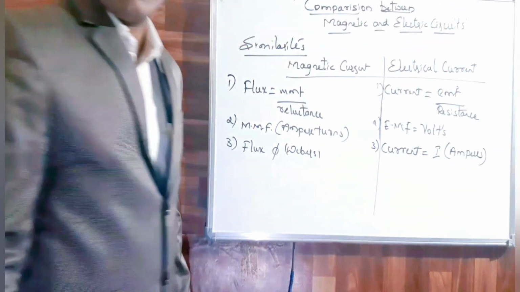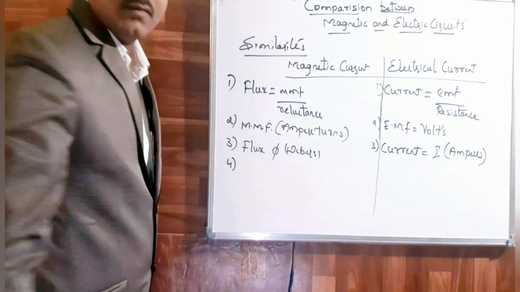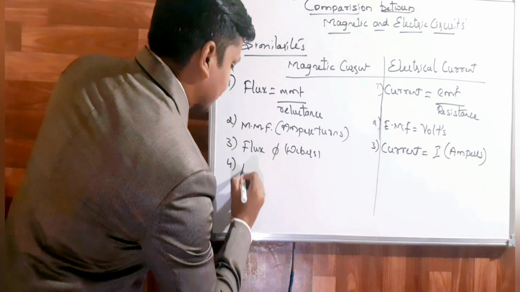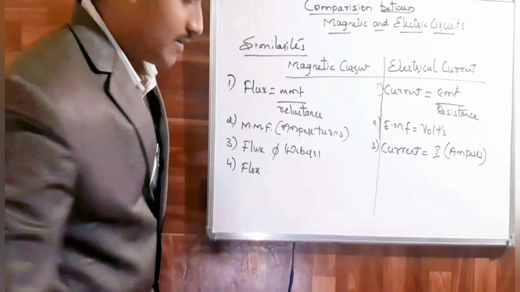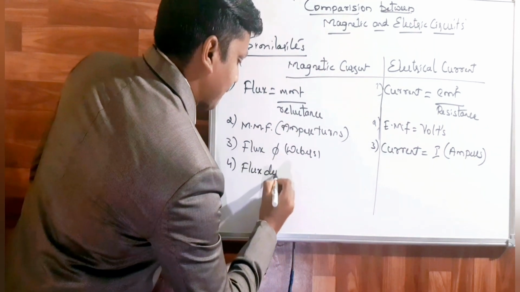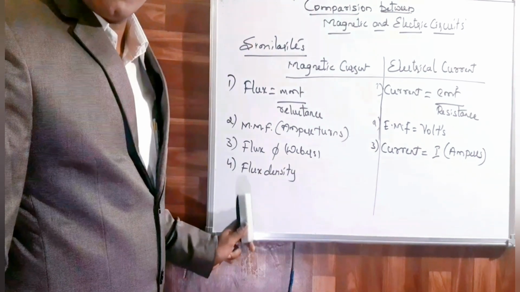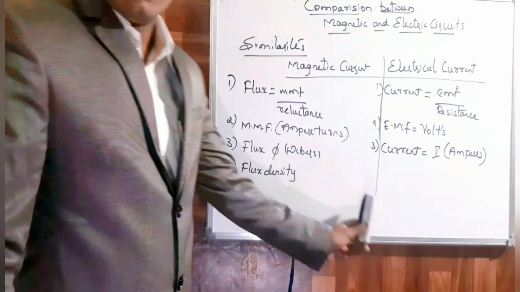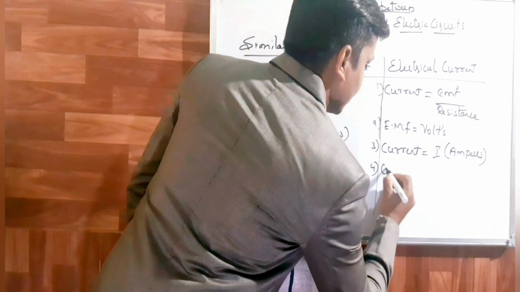Next, the fourth part, we have flux density in the magnetic circuit, and in the electric circuit we have current density.